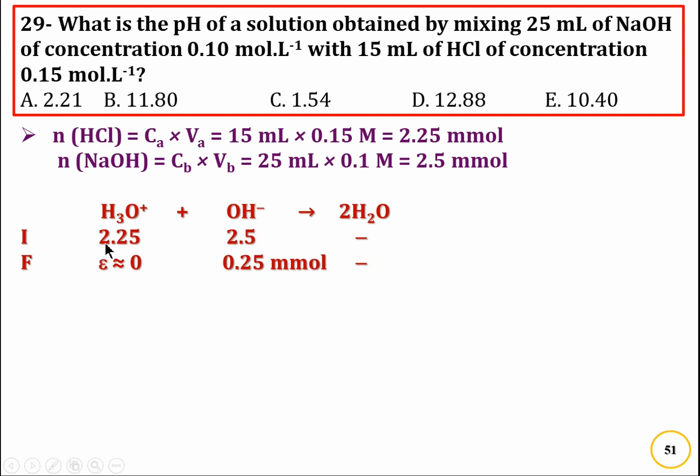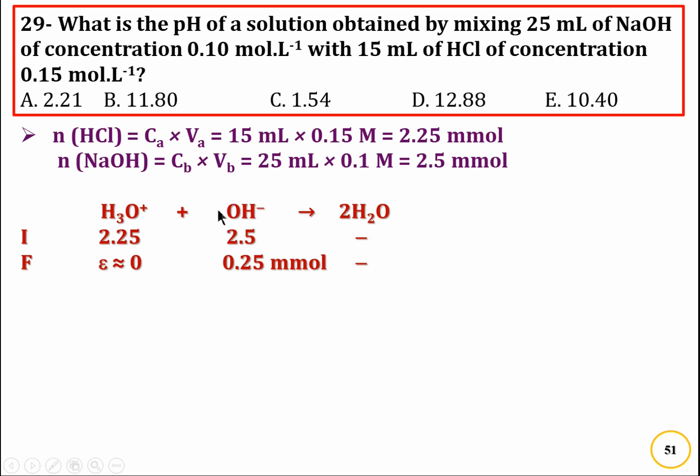So at t equals 0, we have 2.25 millimole of H3O+, 2.5 millimole of OH-. This reaction proceeds till t equal infinity, and the excess is OH-, since the number of mole OH- initial divided by the stoichiometry 1 is greater than the number of mole of H3O+ initial divided by the stoichiometry 1.